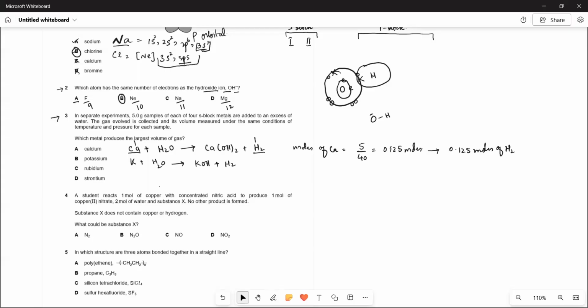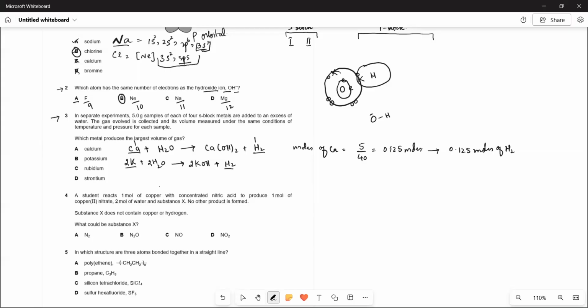But in this case, to balance the equation, I can write 2 potassium hydroxide and 2 with the water as well. So here I have a ratio between potassium and hydrogen of 2:1.